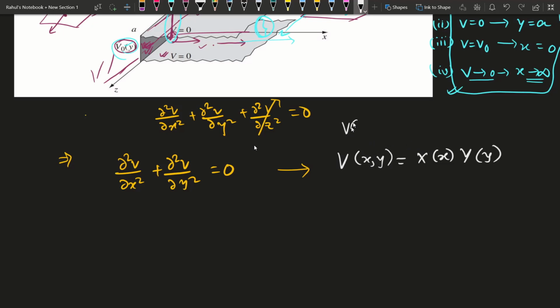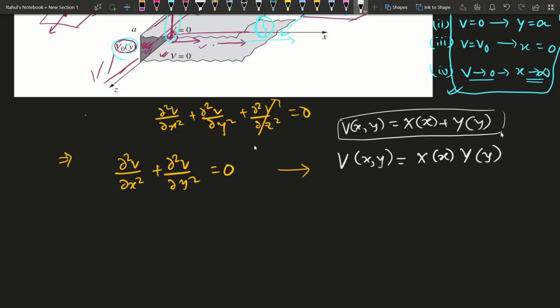There is also another method, which is also a separation of variable method, but that is additive separation of variables, where you choose the solution like this. But here we will not choose this type of solution, for simplicity in approaching our main solution. We'll use this type of solution. Now this is a function of x, and this is a function of y.